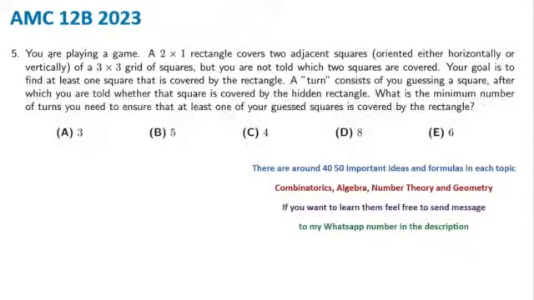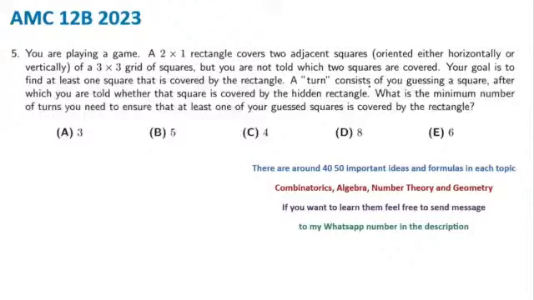AMC 12B 2023 problem 5. You are playing a game. A 2x1 rectangle covers two adjacent squares, oriented either horizontally or vertically, of a 3x3 grid of squares. But you are not told which two squares are covered. Your goal is to find at least one square that is covered by the rectangle.